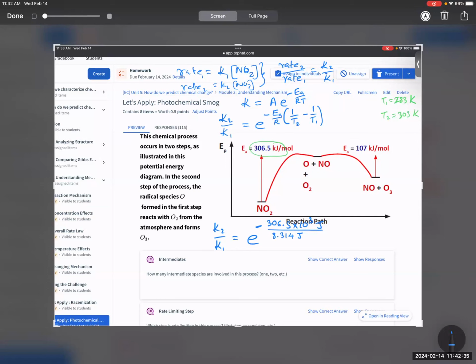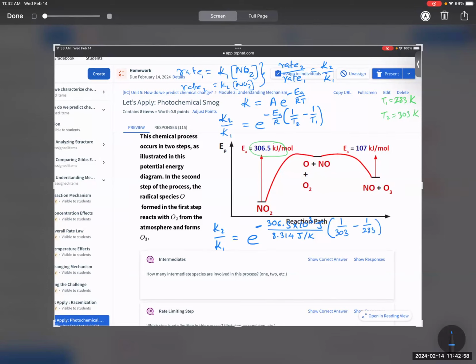Let's call it per Kelvin because I already took care of moles here. And then in parentheses, I have 1 over T2, which is 1 over 303, minus 1 over 283.